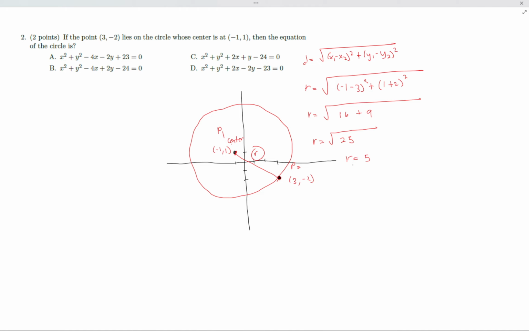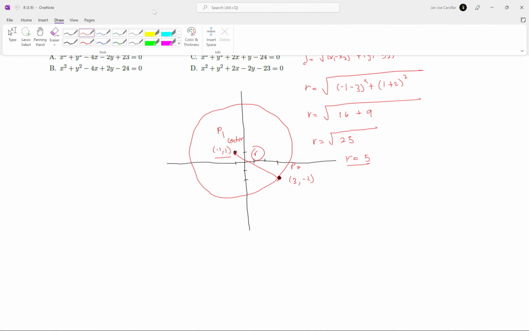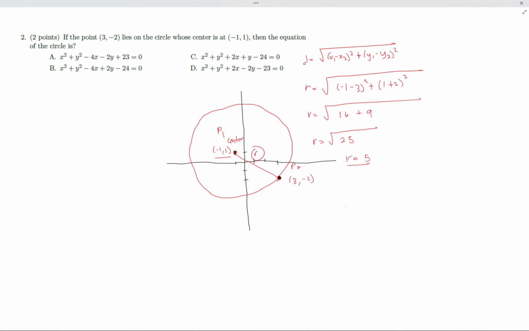Now, since we have our radius and we have our center, all we need to do is construct the standard form for our circle. Remember, the standard form for our circle is given by the equation (x - h) squared plus (y - k) squared is equal to r squared. In this case, I know that the center is located at (-1, 1), so my h and k values are negative 1 and 1 respectively.